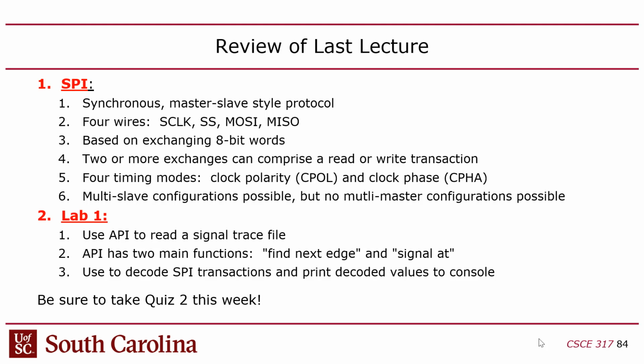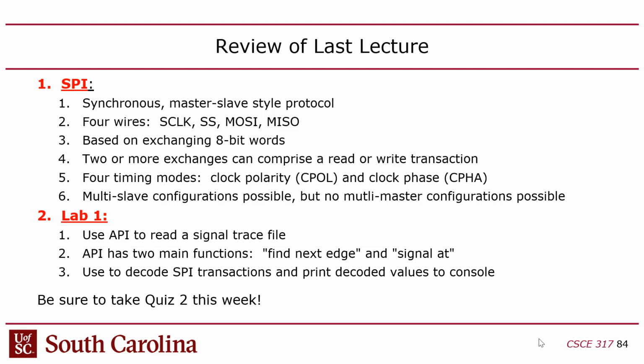Then I talked about lab 1 last time. I talked about it in class, and then I reviewed it in the Wednesday lab, and Philip reviewed it on the Thursday lab. Basically, the idea is to use an API that we provide to read a signal trace file, and then to interpret the signal trace as a series of SPI transactions.